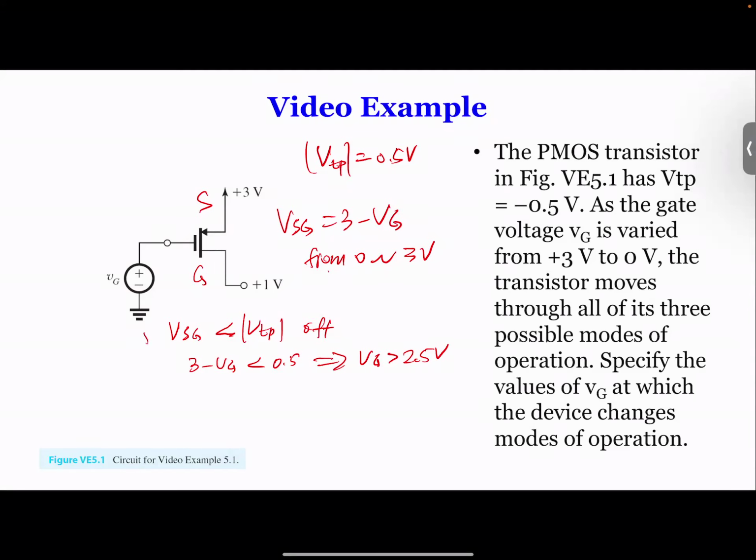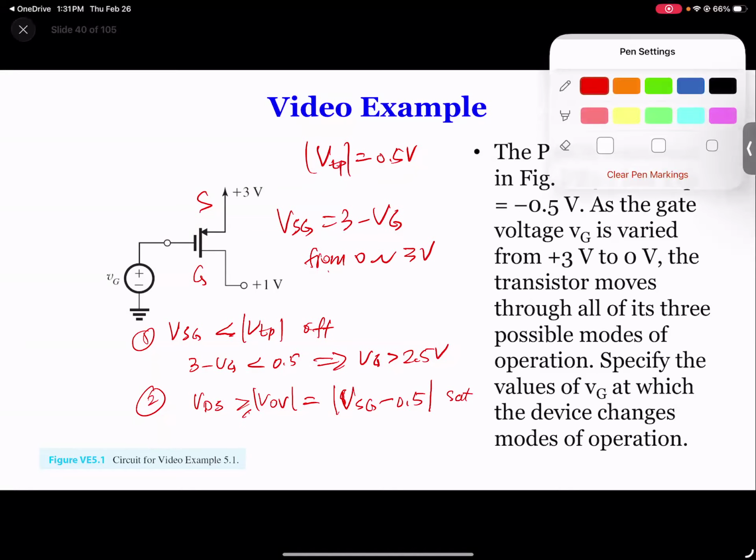And then the second condition is, at what voltage would you have the triode? Well, in this case, we have VSD. So VSD has to be larger than VOV, and then that VOV equal to VSG minus 0.5. Here is in the saturation region. Now, of course, you can flip that, the triode region will be VSG, VSD. Keep making mistakes here.